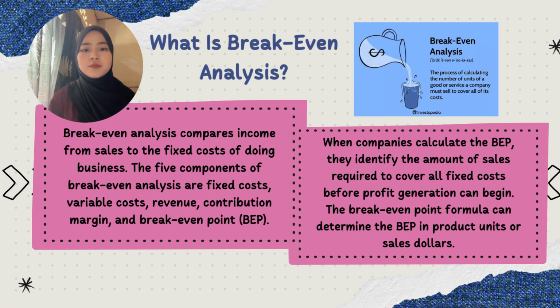So this means that break-even analysis is a financial calculation that shows us the point where a business neither makes a profit nor a loss. That is called the break-even point. In simple terms, it tells us how many units of a product or service a company needs to sell to cover all its costs. After reaching this point, any additional sale will generate profit.